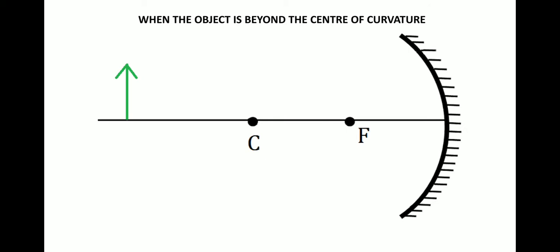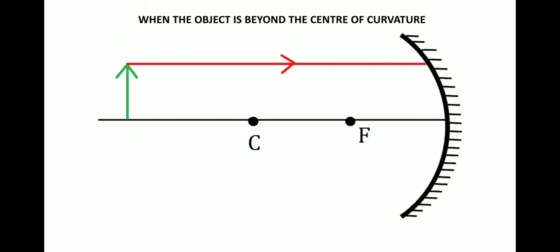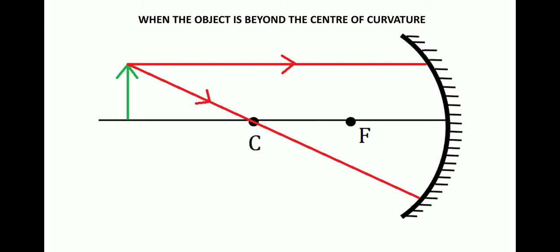So let's suppose the green arrow represents the object, and from the top of the object a parallel beam of light is incident on the mirror like this, and another beam of light passes through the center of curvature. Most of the time we will use the parallel beam of light and the light which passes through the center of curvature.